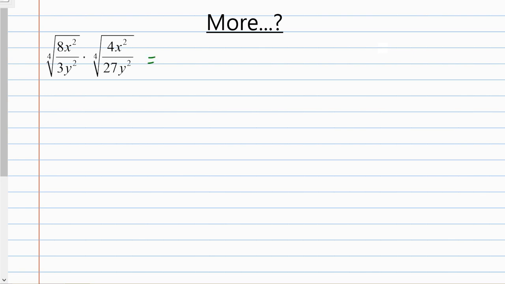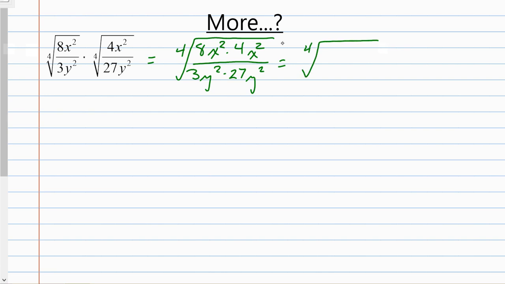So this one will turn into the 4th root of 8x squared times 4x squared over 3y squared times 27y squared, which gives me the 4th root of 8 times 4 is 32, x squared times x squared is x to the 4th, 3 times 27 is 81, y squared and y squared is y to the 4th.